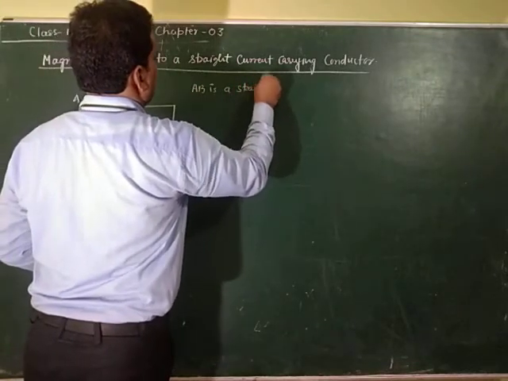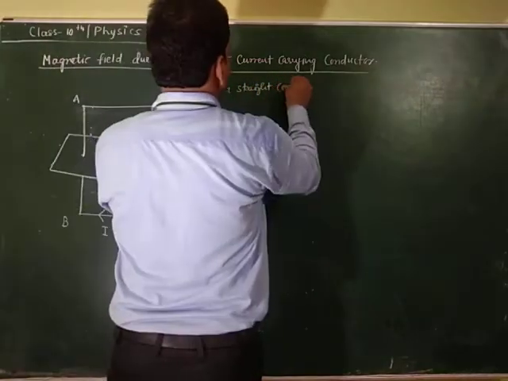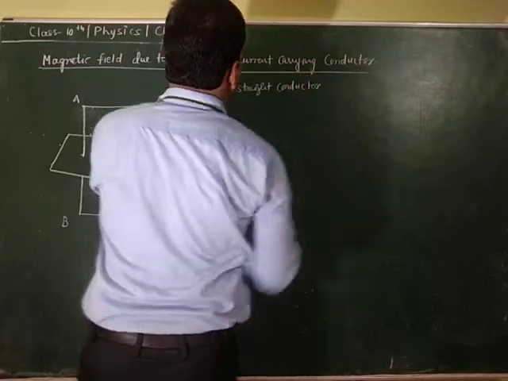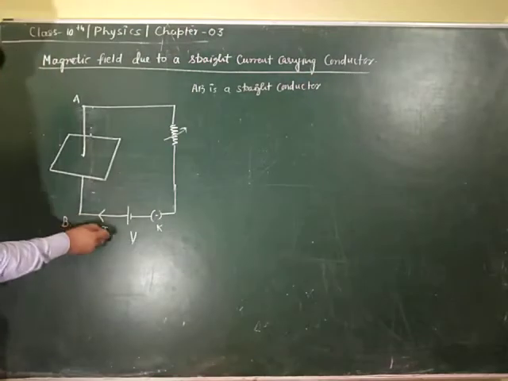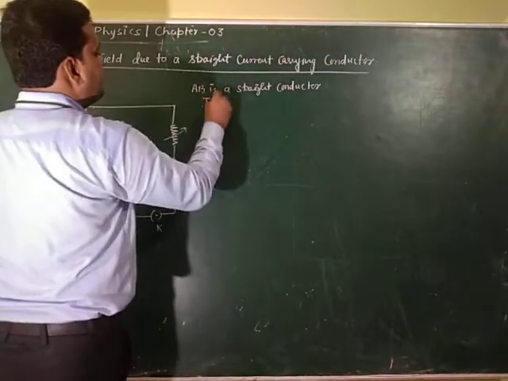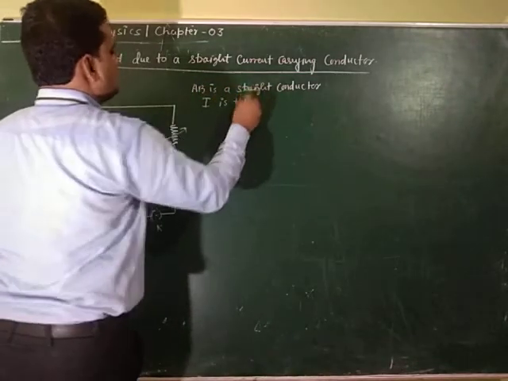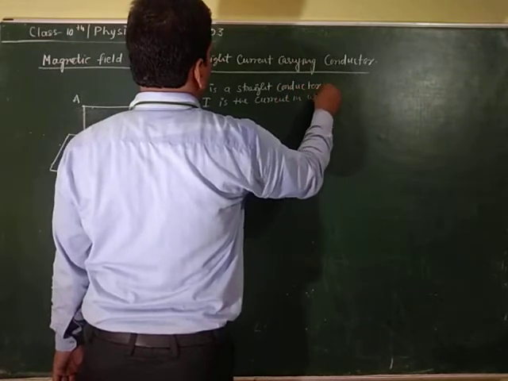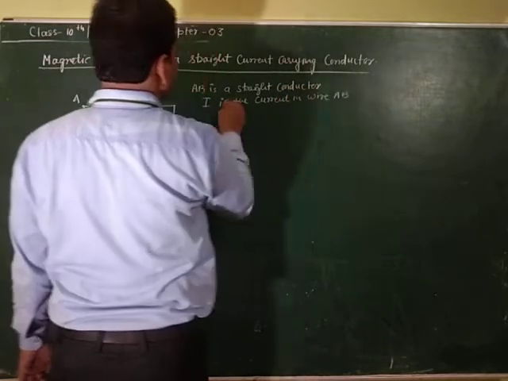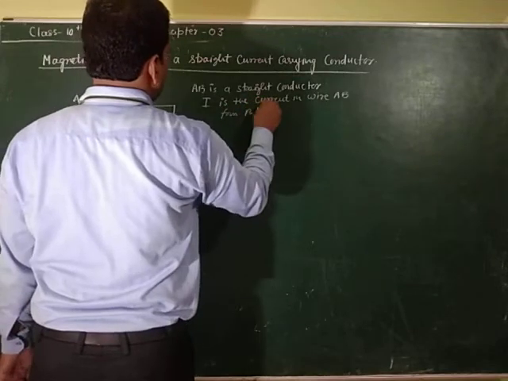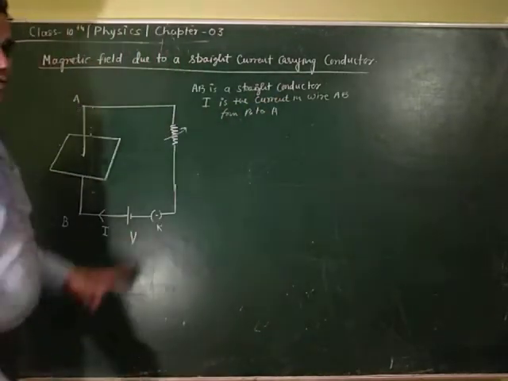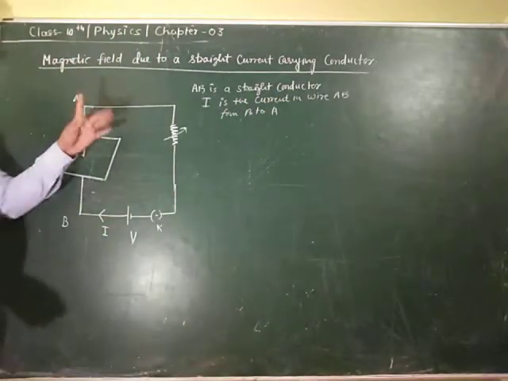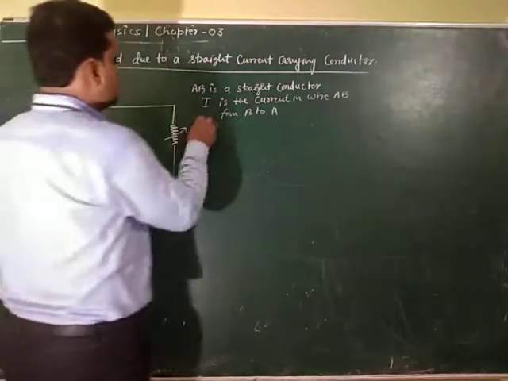Straight conductor. And this is I. I is the current in wire AB from B to A. Due to this current, a magnetic field is produced. So I will write it also.